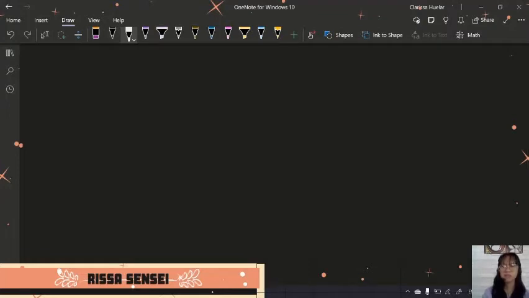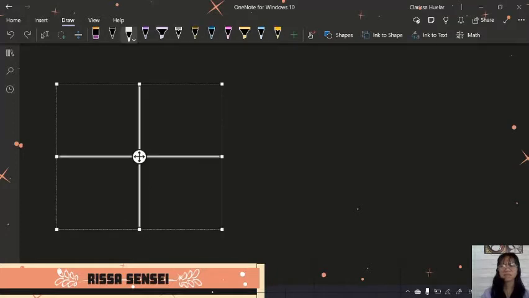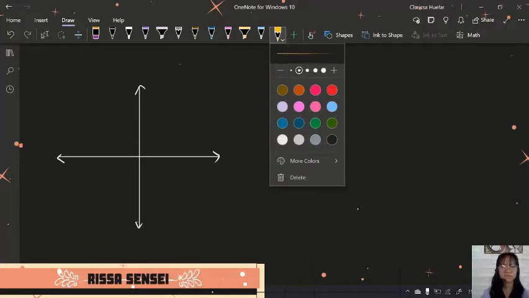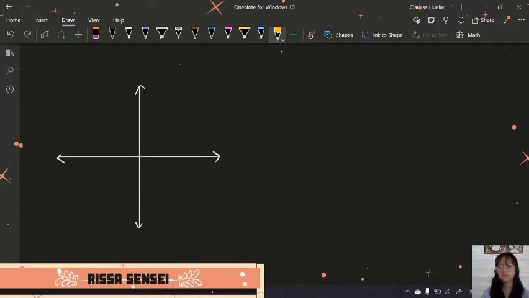For example, drawing lang ako ng pangit. I have here the x and y axis. Tapos magdodraw ako ng graph. For example, to this line here.